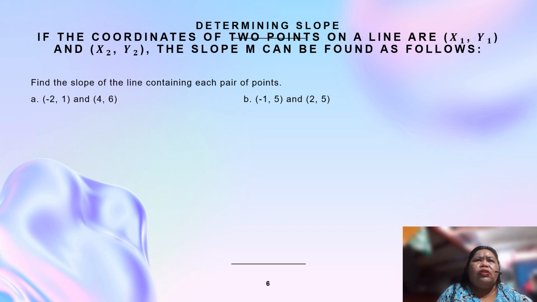Now, determining slope. If the coordinates of 2 points on a line are x sub 1, y sub 1, and x sub 2, y sub 2, the slope m can be found as follows. Here we are going to use a formula, which is m is equal to y sub 2 minus y sub 1 over x sub 2 minus x sub 1.